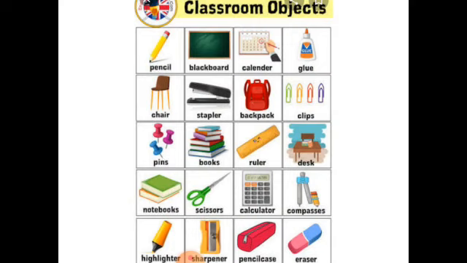See, children: pencil, blackboard, calendar, glue, chair, stapler, bag, clips, pins, books, ruler, desk, notebook, scissors, calculator, compass, highlighter, sharpener, pencil case and eraser. These are all the things we see in the classroom. Along with these, we see so many other objects too.